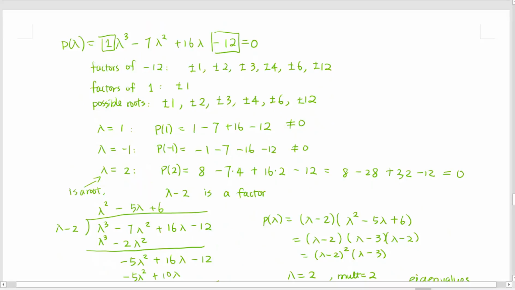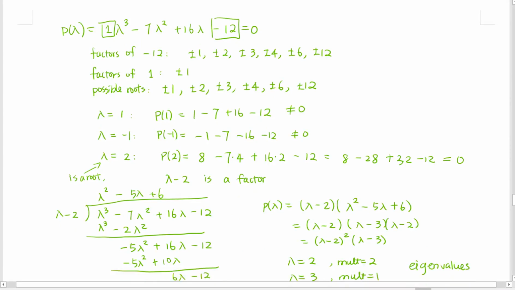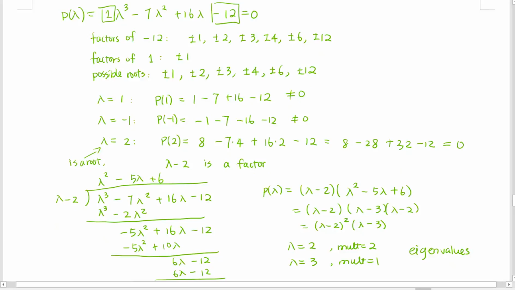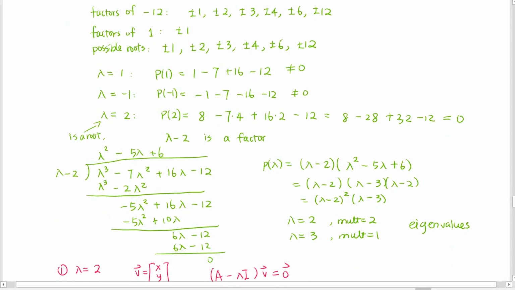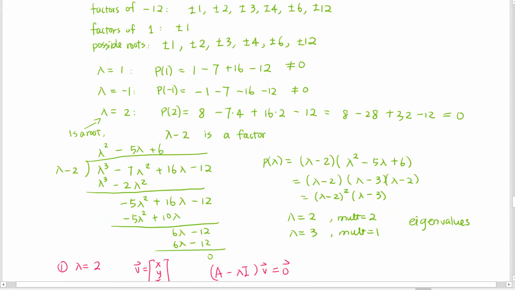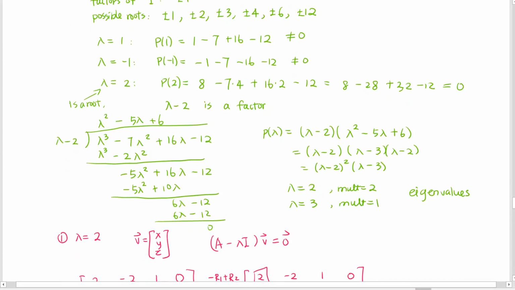You go through the list until you find one root. After you find one root, you can use long division to get a quadratic factor, then either factor it or use the quadratic formula to find the remaining two roots.